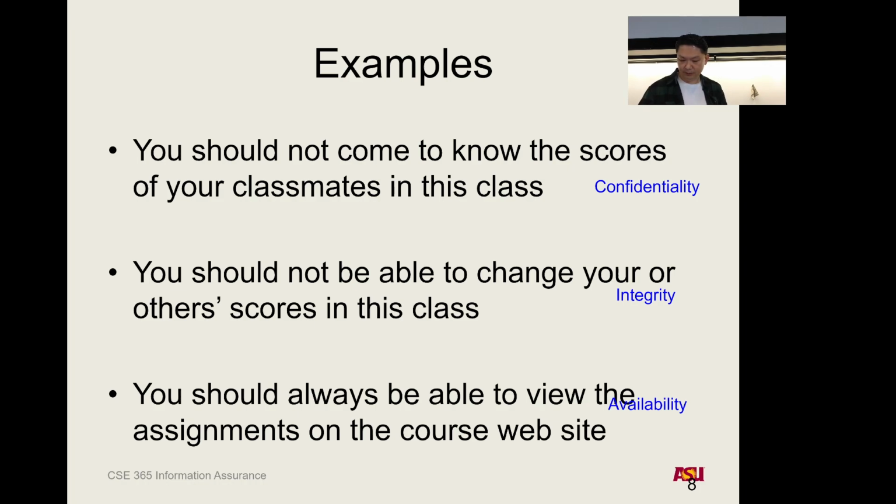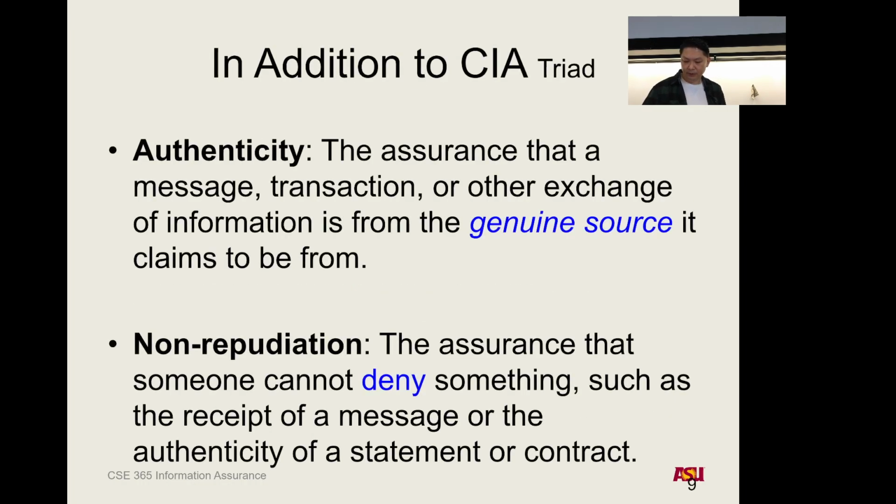Availability, right? In addition to those three triads, there are two more essential components. One is authenticity. What is that? Who you are, and are you real? Are you genuine?